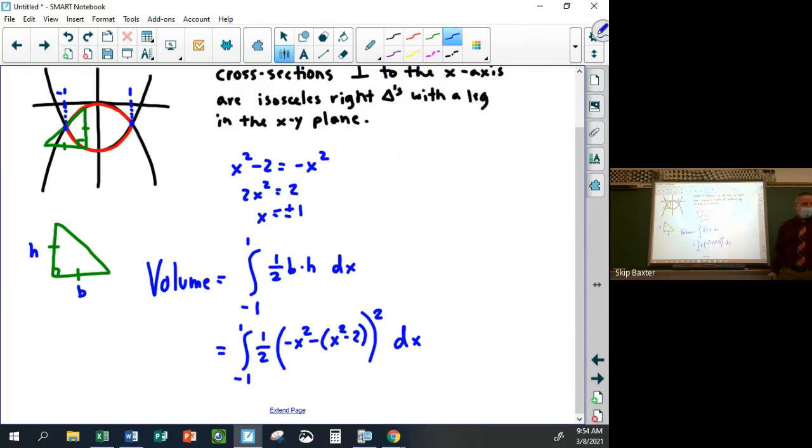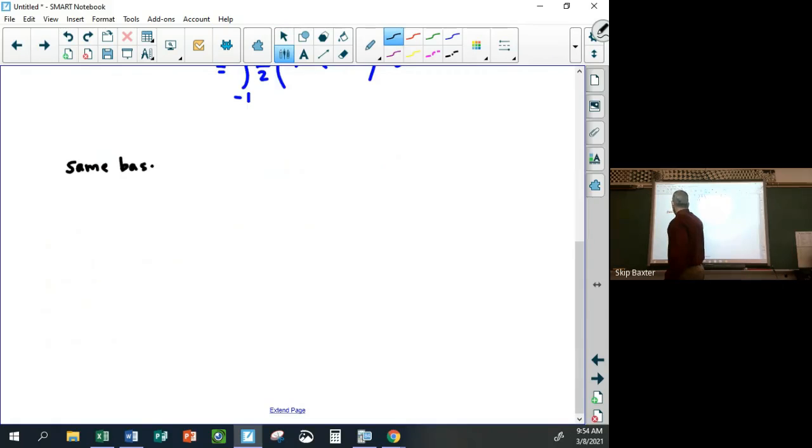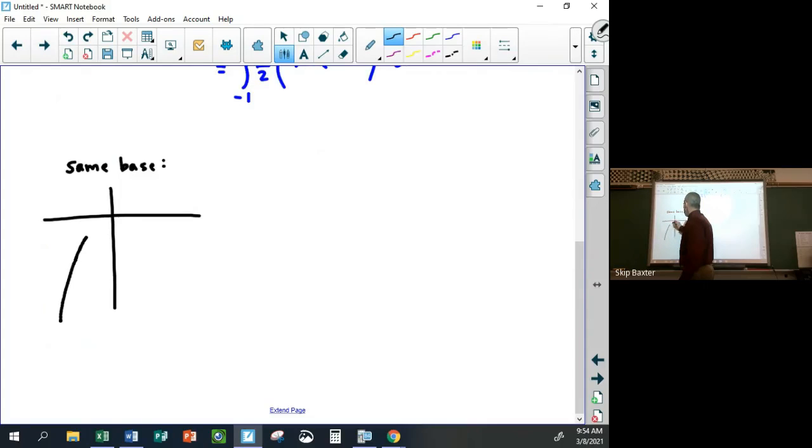Is this kind of making sense? Let's do the example that John suggested. Same base. Base is that same eyeball shaped thing.